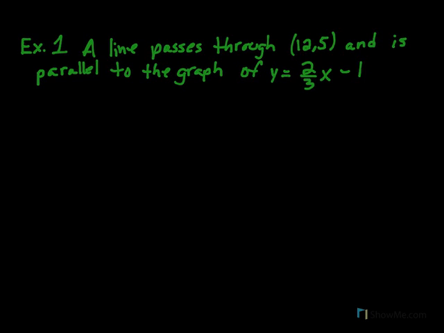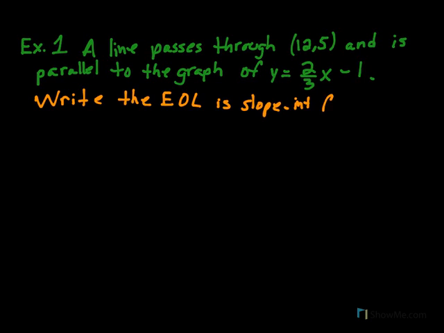And what they want is to write the equation of a line, the EOL, in slope-intercept form. So they tell us how they want it written, in slope-intercept form. And that's what we need to do.